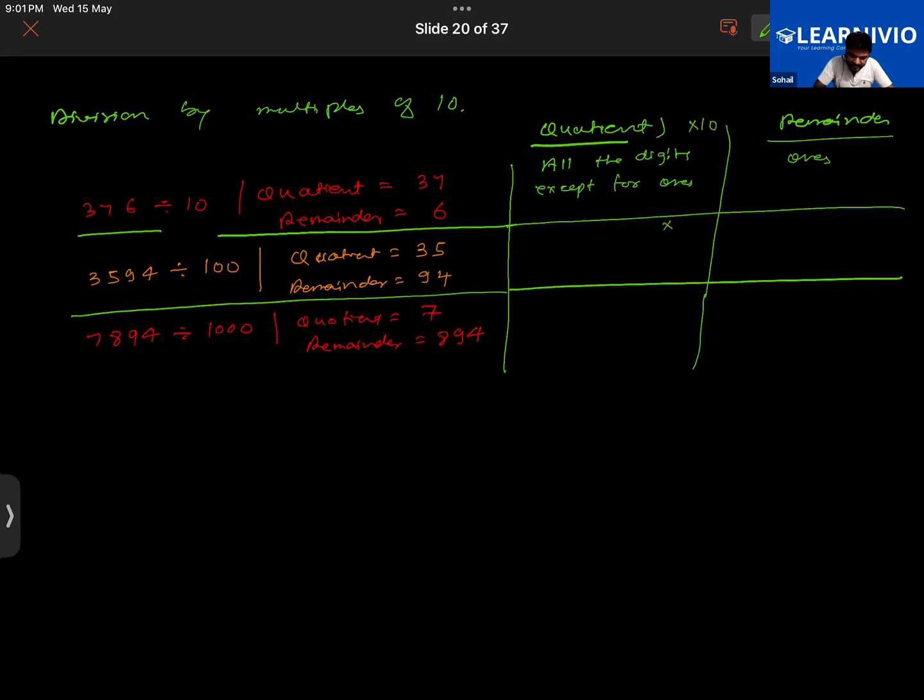Now once we divide with 100, what we observed in this case is that in the quotient you have all the digits except for the ones and tens digit. In the quotient, we have all the digits of this number except for the digits at ones and tens place. You guys getting my point, no? Yes. Good.